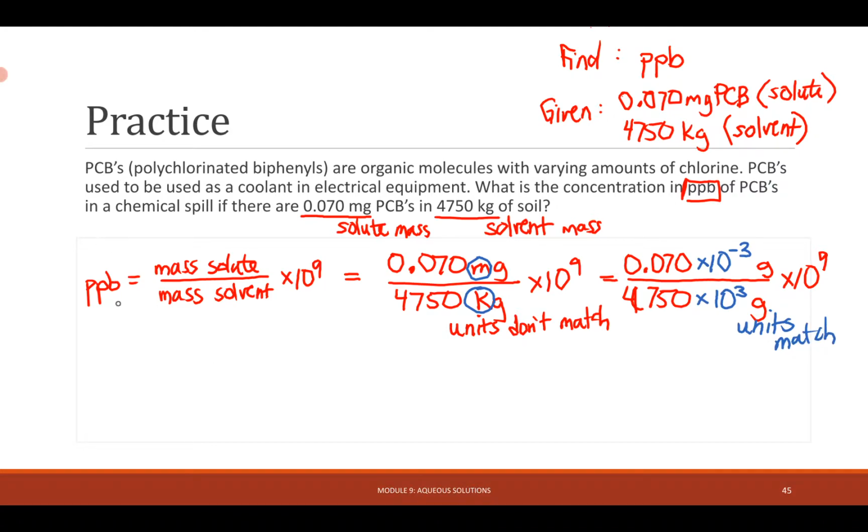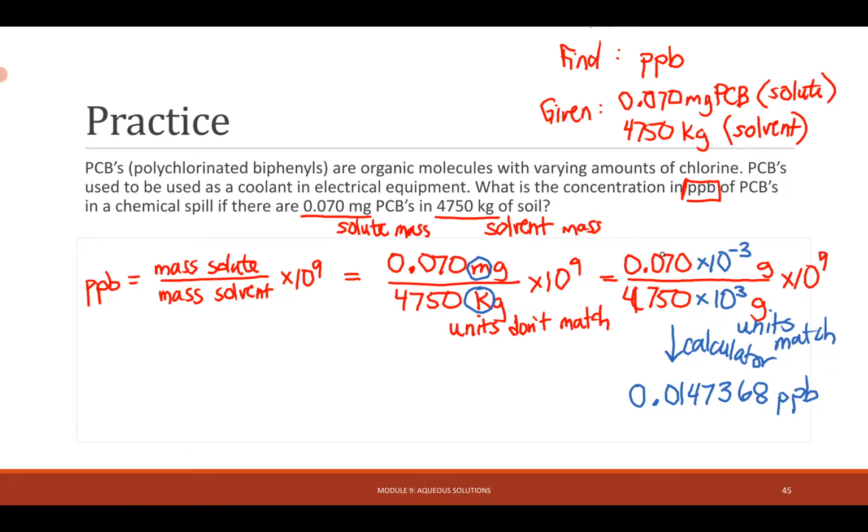So now that my units match, I can go ahead and type this into the calculator, and I get 0.0147368. And that would be ppb.